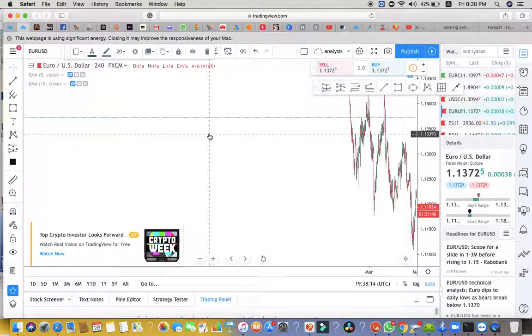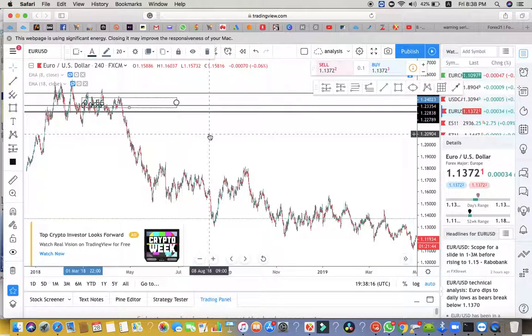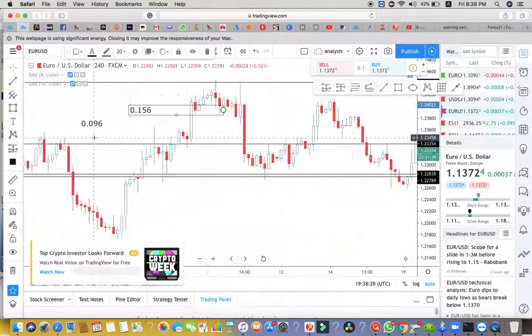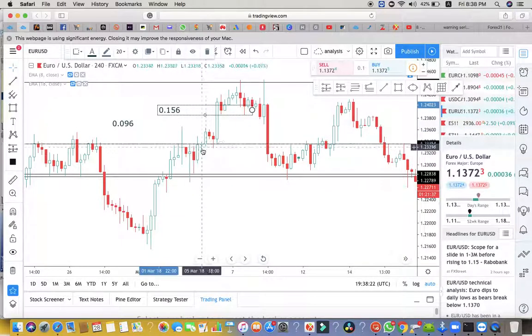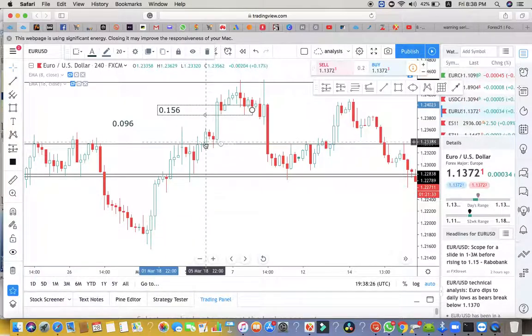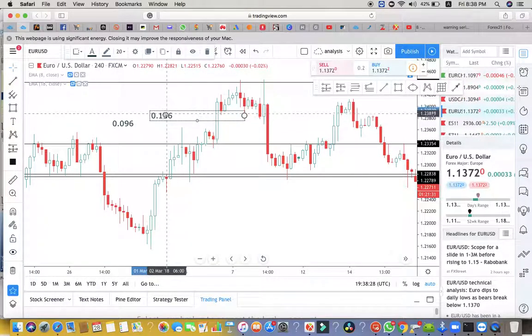So you basically understand now how we got what we got, right? Because of this range, we got different lot sizes. This one is 0.096. This one is 0.156. So if you lose these pips, that's where your stop loss will be.